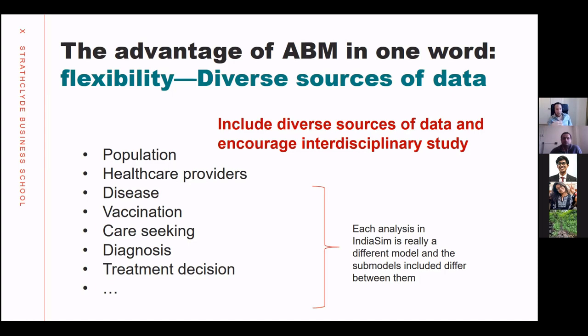As you can imagine, all of these also incorporate very diverse sources of data, as well as diverse sets of expertise. Since we can incorporate so much from different areas, it often brings different sets of expertise together into one room to develop these models.